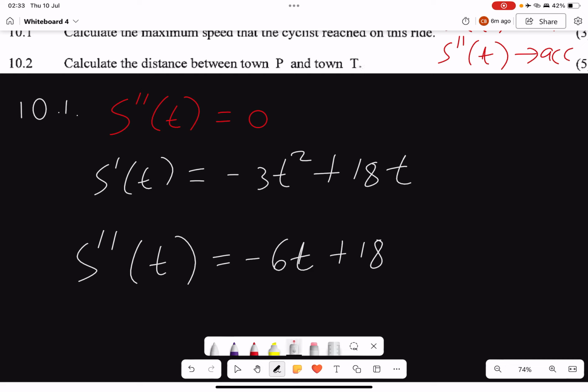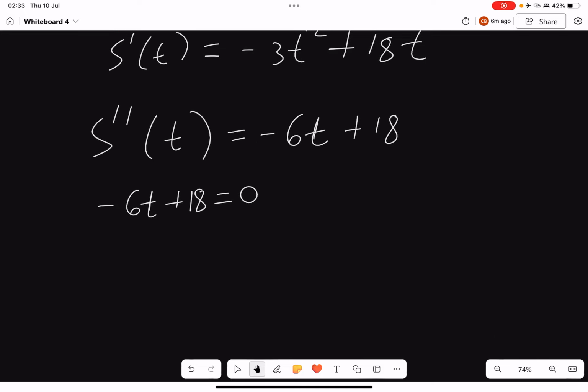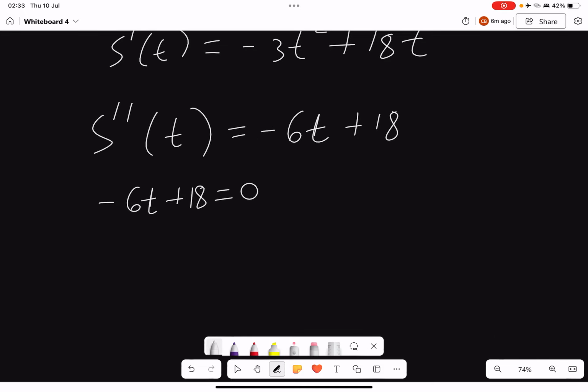I'm sure we know how to derive, ladies and gentlemen, from there to there. And we need to set this to 0. Negative 6t plus 18 equals 0, because we're looking for maximum speed. That is when the acceleration is 0. Then we can see that, therefore, the value of t here will be 3 hours.